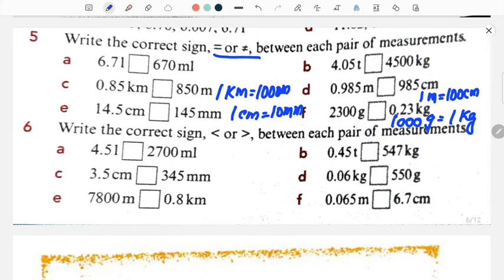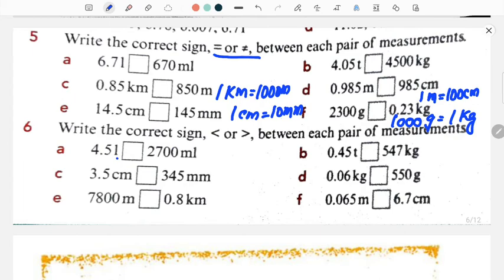Okay. Next question is, write the correct sign, less than or greater than, between each pair of measurements. Here also the units are given, 4.5 liters and 2700 milliliter.